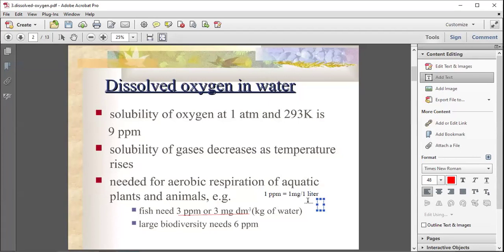Normally you know 1 meter cube. So we have to know some relationship calculation. Approximately, I think we will check, 1 milligram to milliliter.